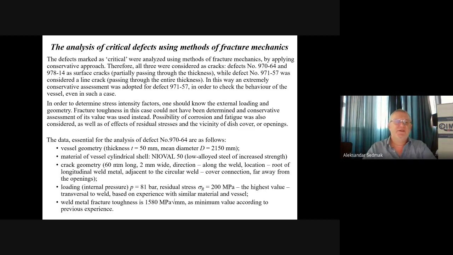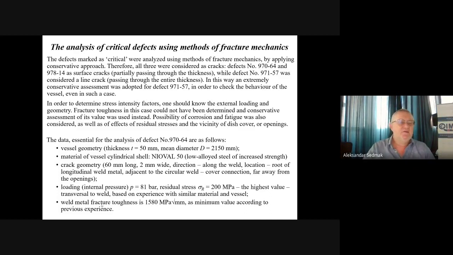Crack geometry, as already explained, was taken in the conservative way. And then for the loading, internal pressure was well known, that was not a problem. But then we assumed there is a residual stress, and that would be the highest value. The good news was that we always had to take into consideration just 40% of yield strength, because the crack was positioned in such a way that the less pronounced component of residual stress was perpendicular to the crack.